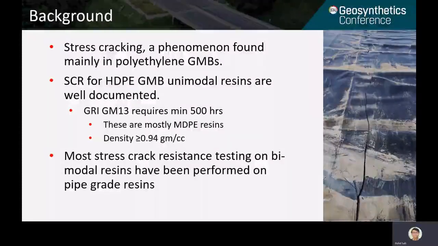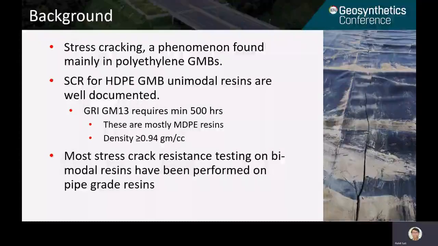So the researchers came up with new technologies, new additives, and finally decided to slightly lower the density of this material. That's why they're technically medium density polyethylene resins that provided better stress crack resistance.